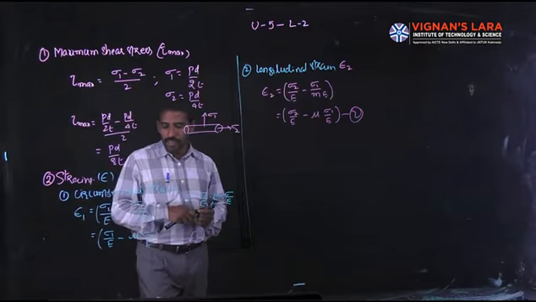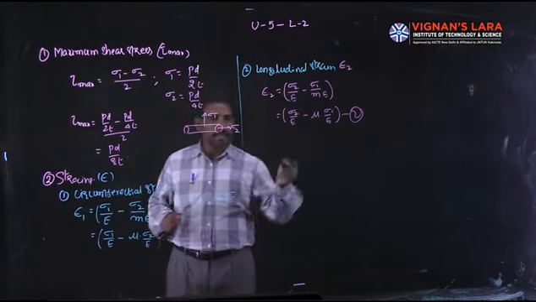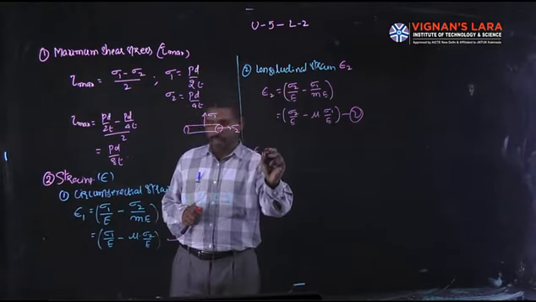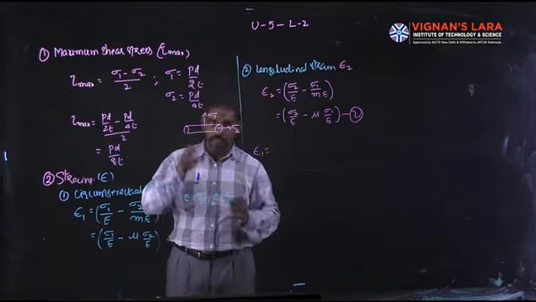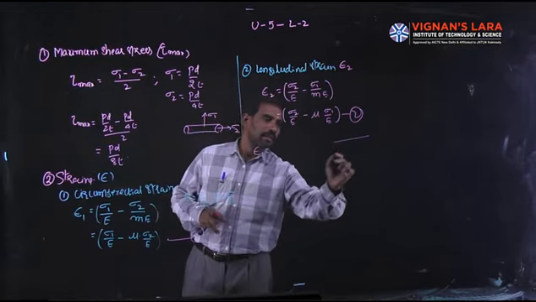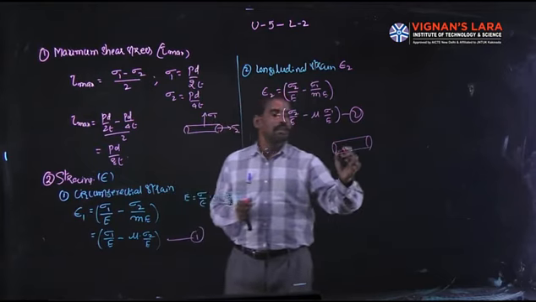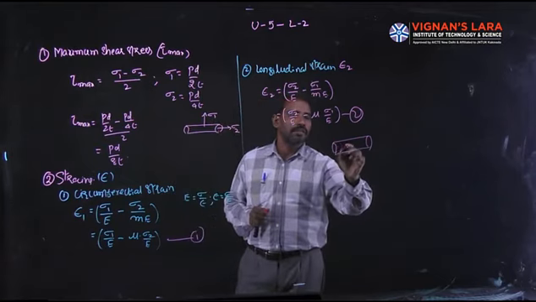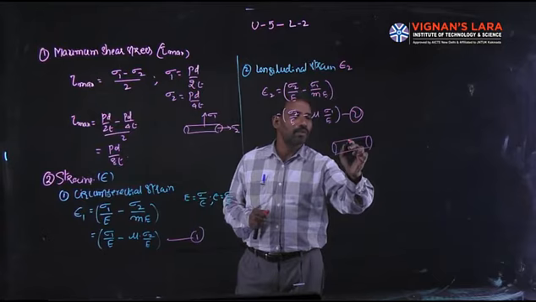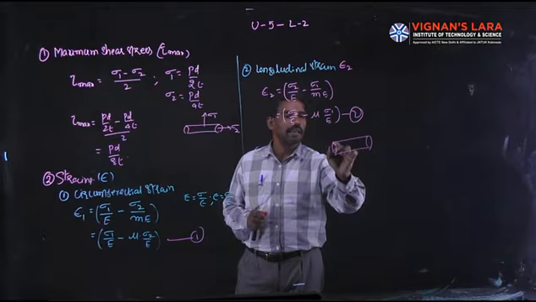Now, the circumferential strain geometrically: this is a cylindrical shell, am I right? Whenever the force due to pressure acts on this shell, there is a strain circumferentially. It means an increase in diameter.